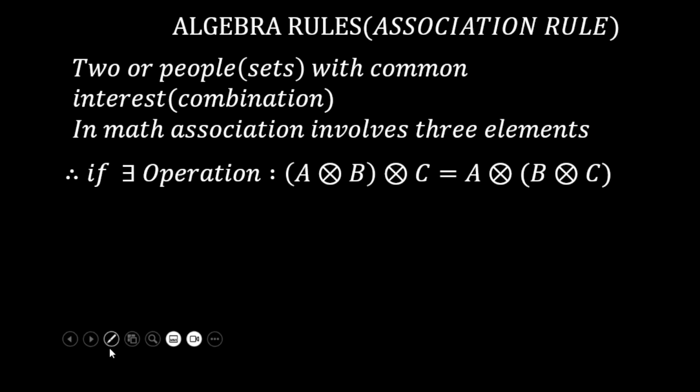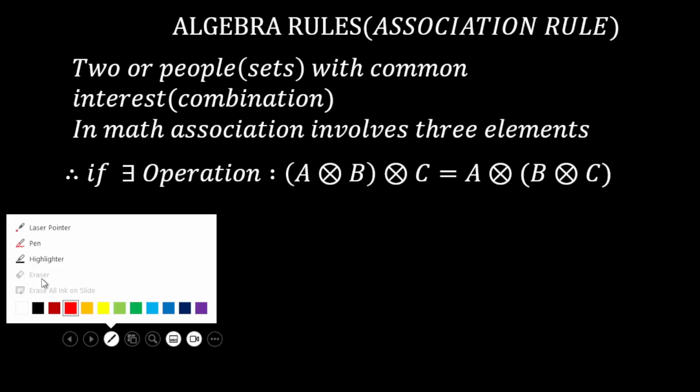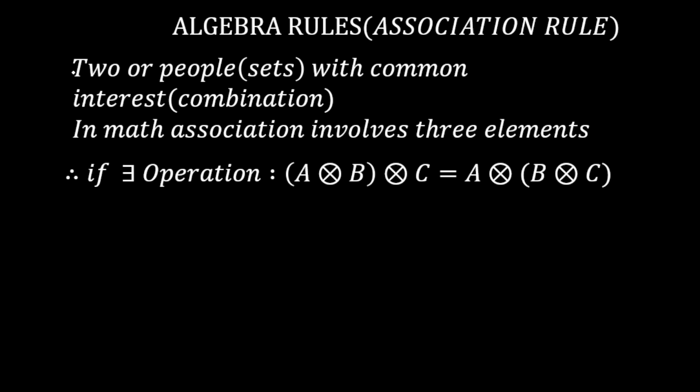Now, with respect to what is on this board, we can see that we have two or more people. But in mathematics, we refer to these people as sets with a common interest. This interest in mathematics is the combination sign, which can be represented by any symbol.